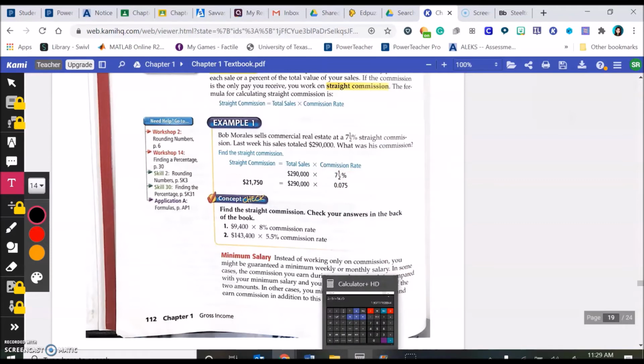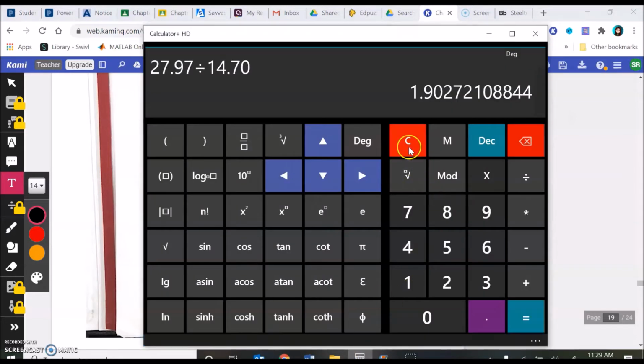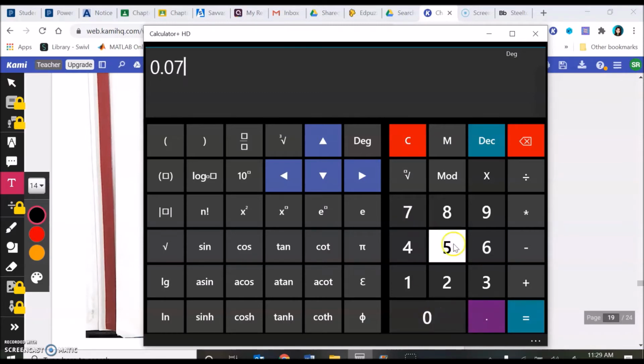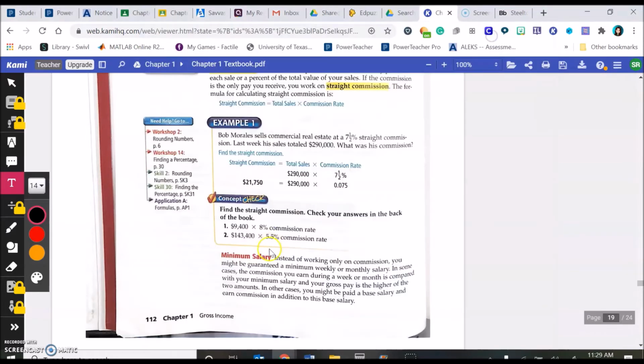When you're doing percentages, you move the decimal 2 places to the left, so 7.5% is really 0.075.